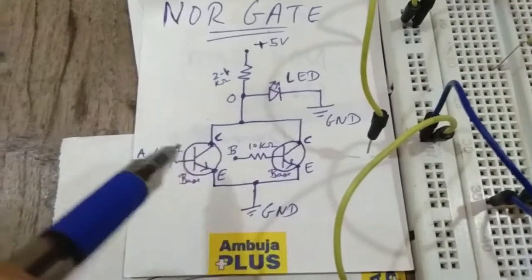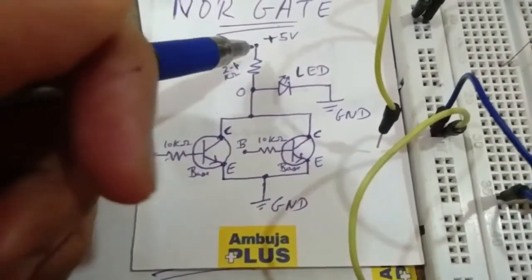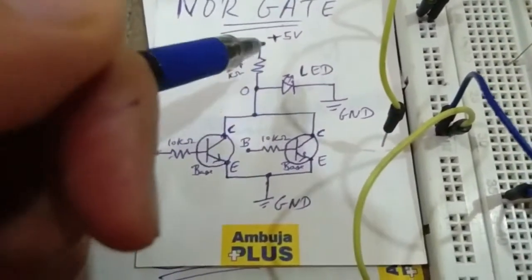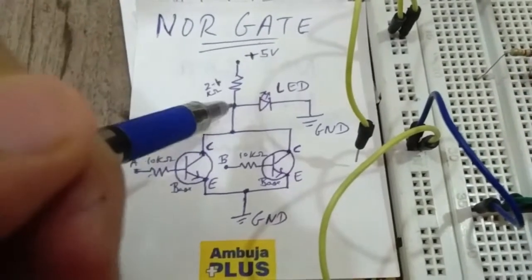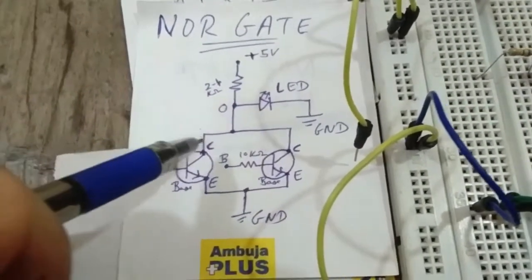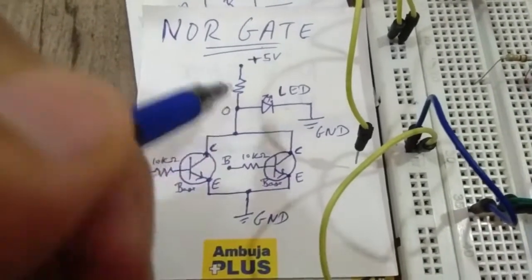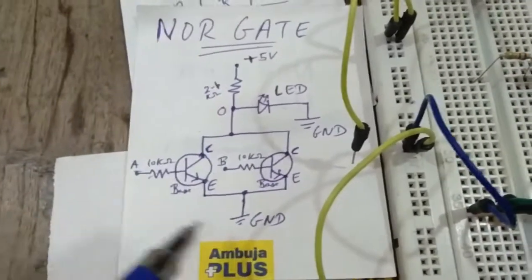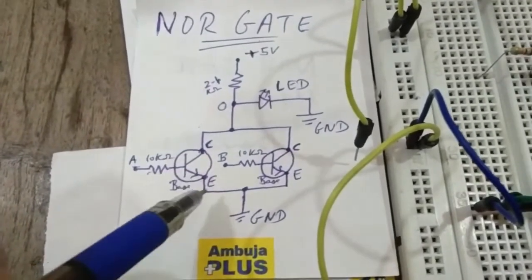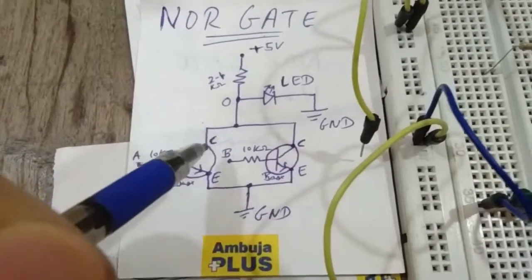Whenever a 5-volt supply is passing through this part of the circuit, the current passes here and the collector terminals of both transistors receive the current. But since there is no connection between the collector and the emitter, the current just stays here.